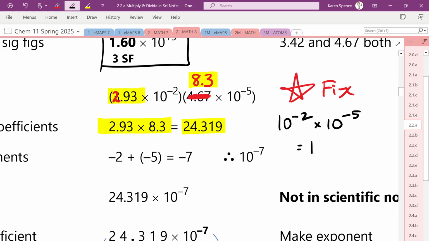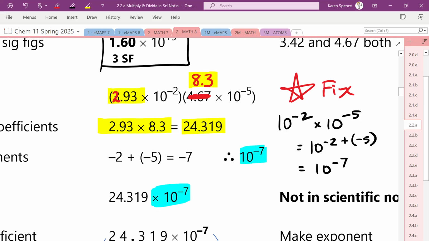So that's going to give us 10 to the negative 2 plus negative 5, which gives us 10 to the negative 7.